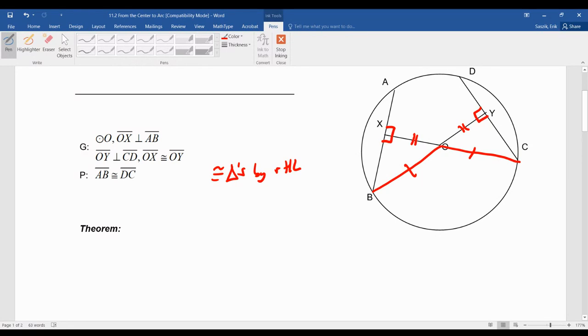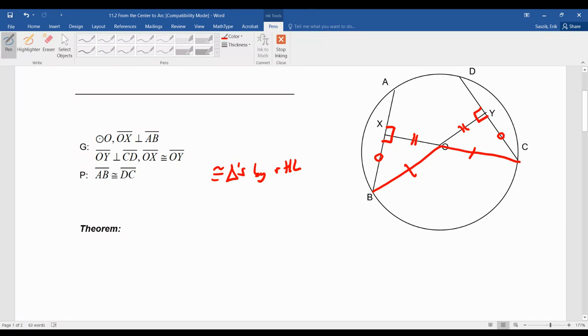And of course, if those triangles are congruent, that means this segment and that segment are congruent by CPCTC. Now, there's a couple of ways for us to finish this up. One is to do the same thing up top here. Make these triangles up here, get these two triangles congruent by RHL just like we did, get these two segments congruent, and then finish with addition. That works just fine.